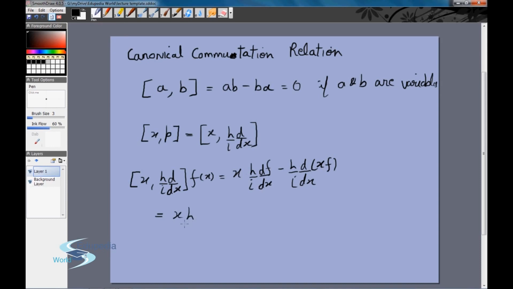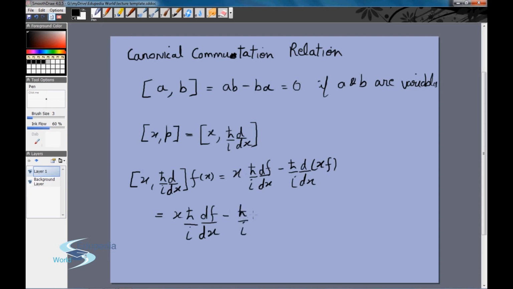So this is equal to x times ħ by i. By the way, this is supposed to be h bar, which is the reduced Planck's constant. i df by dx minus, and now we can use the product rule here.